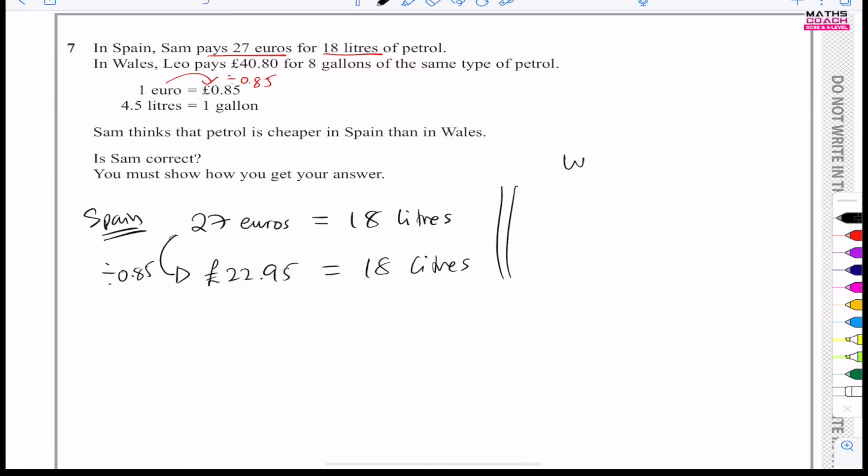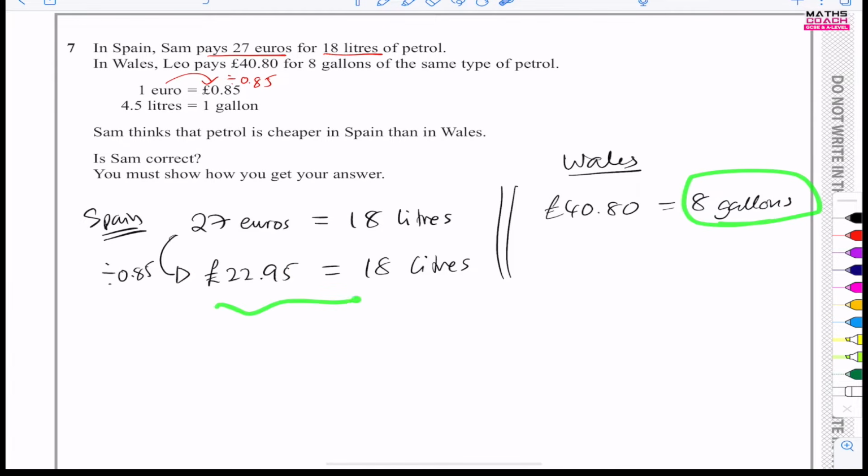Let's look at Wales. So for Wales, we are told that Leo pays £40.80 for 8 gallons. So I've got this in pounds, that's good, but this is in gallons. I need that in liters so I can relate to this. So how do I make gallons become liters? If you look at the conversion here, 4.5 liters is worth 1 gallon. So if I'm going from gallons to liters, how does 1 become 4.5?